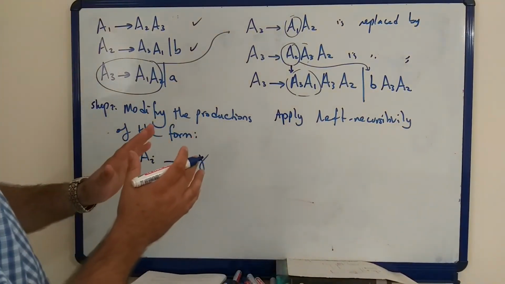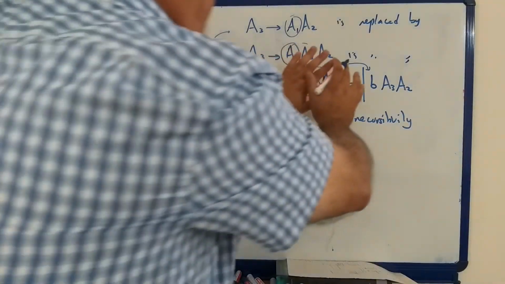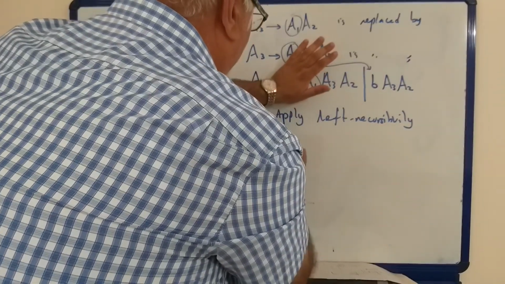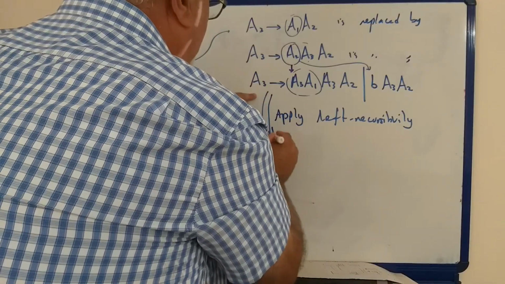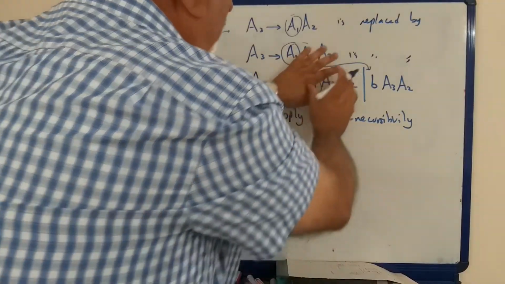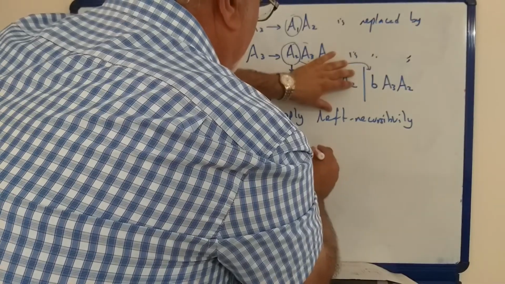How to apply left recursion? I will hide the left recursive part. What is the remaining?